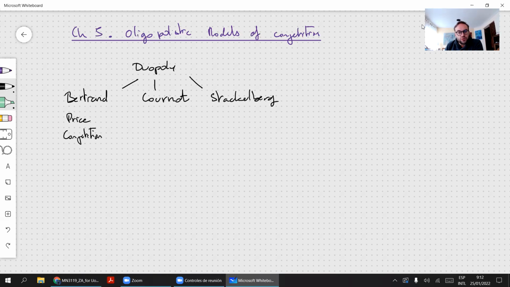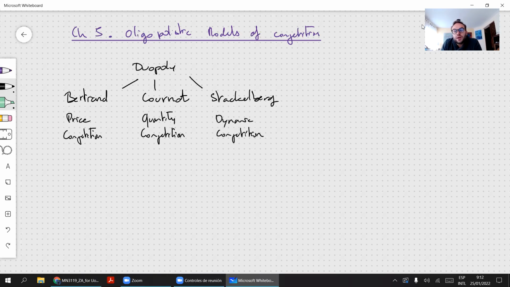In Cournot, you have quantity competition. And in Stackelberg, you have dynamic competition. Right, so all of this should be familiar.